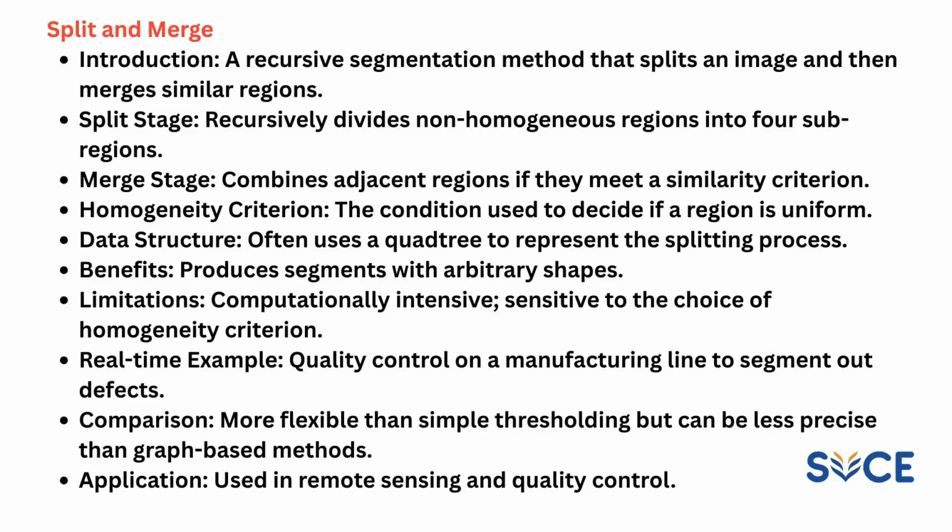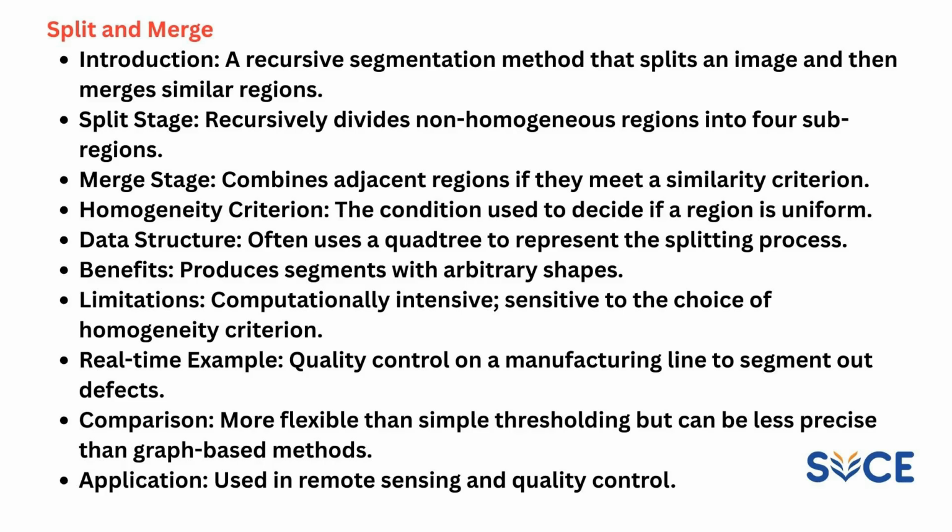A split and merge algorithm is a segmentation method that first breaks an image down and then reassembles it based on similarities. The first step is the split stage. We start with the entire image and check if it is uniform. This is based on homogeneity criteria.